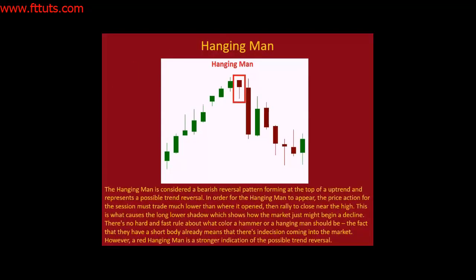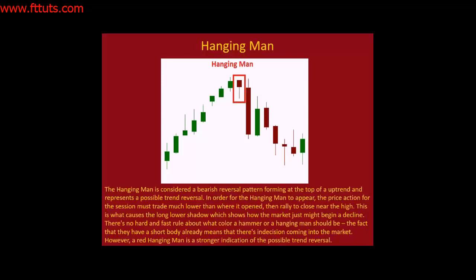Hanging man. The hanging man is considered a bearish reversal pattern, forming at the top of an uptrend and represents a possible trend reversal. In order for the hanging man to appear, the price action for this session must trade much lower than where it opened, then rally to close near the high.